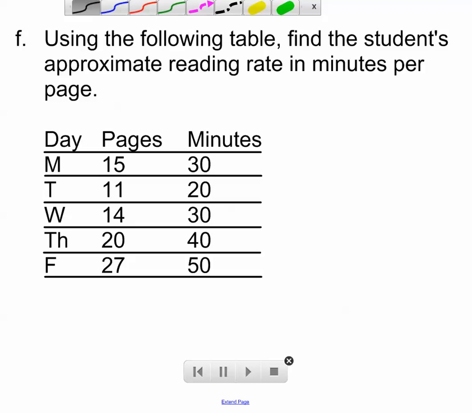So let's fix it here. Minutes per page. That would be like 30 divided by 15, which is 2 minutes per page. Okay, so 15 minutes, 30, 15 pages. It's taking him 2 minutes to read each page.